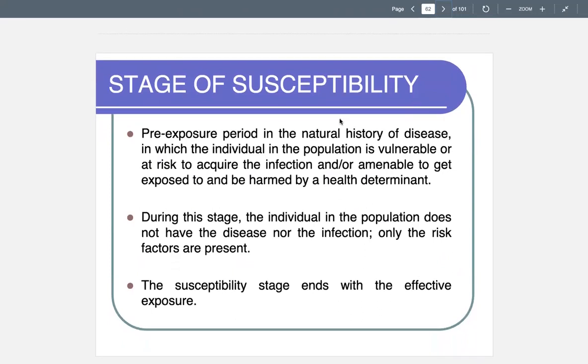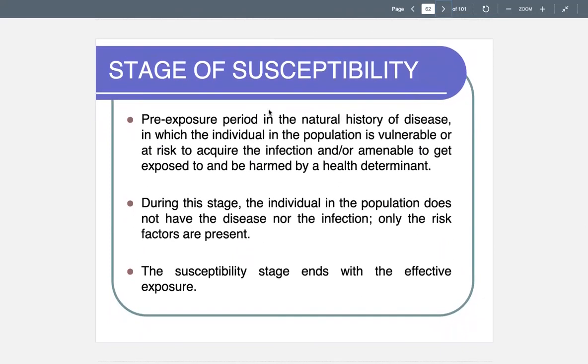Okay, so there are stages, class. The stage of susceptibility, pre-exposure period in the natural history of disease, in which the individual in the population is vulnerable or at risk na ma-acquire yung infection, or sila ay ma-expose.